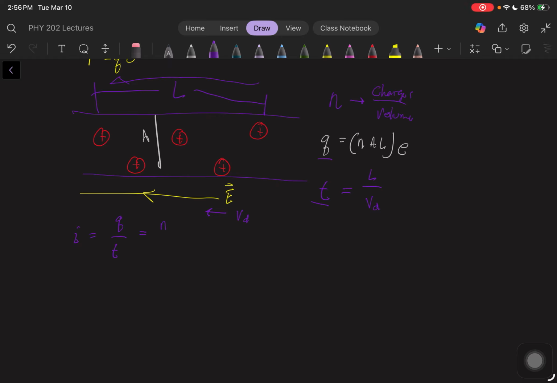It's N A L times E for the total charge. Let's move this down a bit. And then we said t was going to be L over the drift velocity, so we can go ahead and cancel these out.